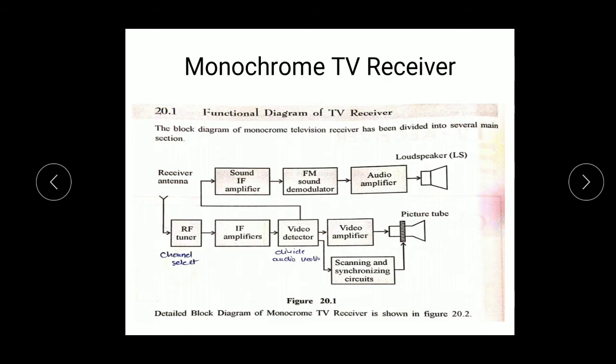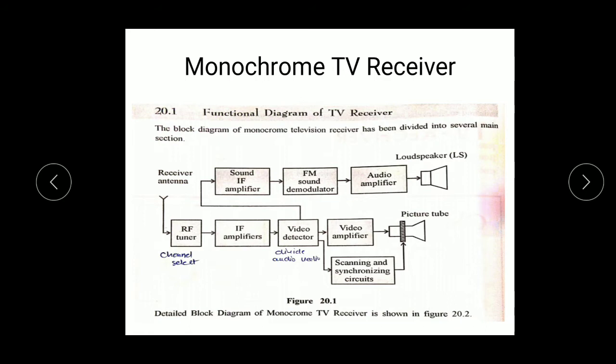The deflecting signal is sent to the scanning and synchronizing circuit. In this circuit, the video beam is deflected in the vertical and horizontal directions on the TV screen. So this is the simple process of detecting the TV signal from free space.